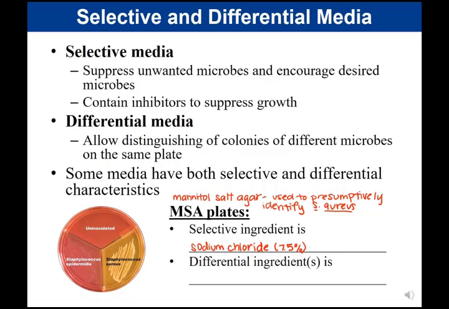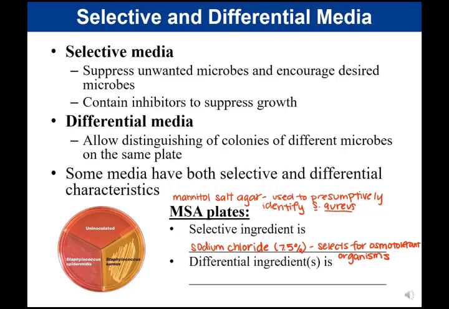So this high salt concentration selects for osmotolerant organisms. What that means is that on this plate, the salt concentration is high, and so organisms that are not osmotolerant are not going to grow.